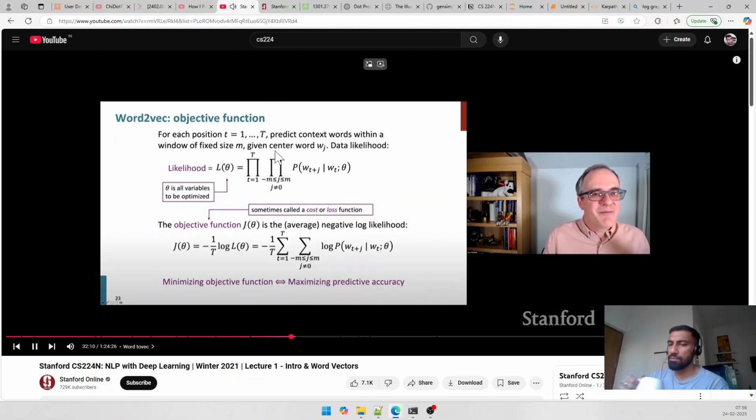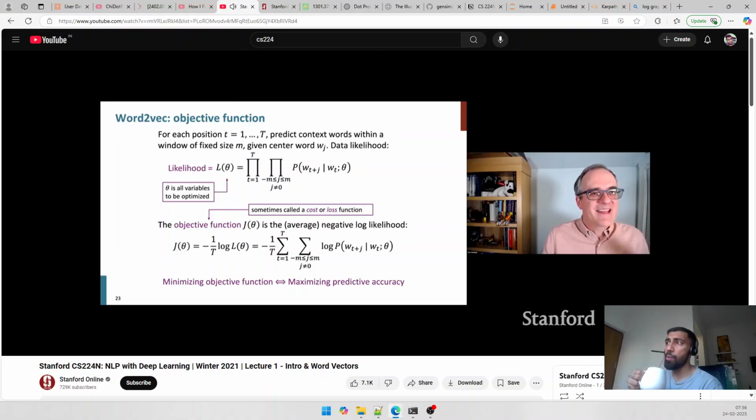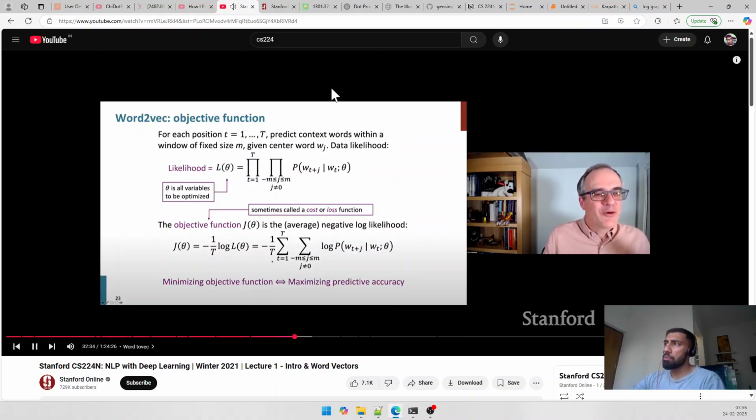Center words, but following standard practice, we slightly fiddle that because rather than dealing with products, it's easier to deal with sums. And so we work with log likelihood. Once we take log likelihood, all of our products turn into sums. We also work with the average log likelihood. So we've got a 1 over T term here for the number of words in the corpus.